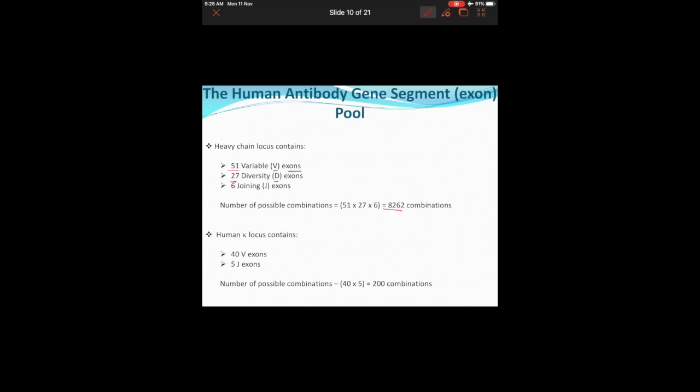A further contribution to variability is the fact that, remember, the light chain is composed of kappa or lambda. So whether the heavy chain is associated with a particular kappa or lambda is another degree of variability. And then the third variability is the isoform, so whether that antibody is IgM, IgG, or so on.